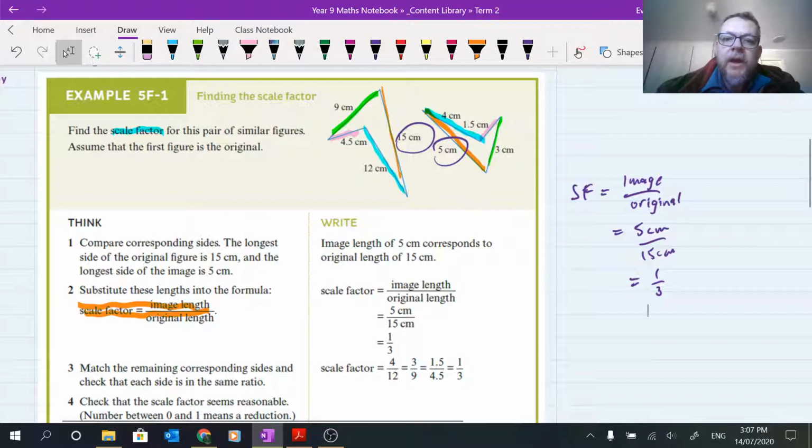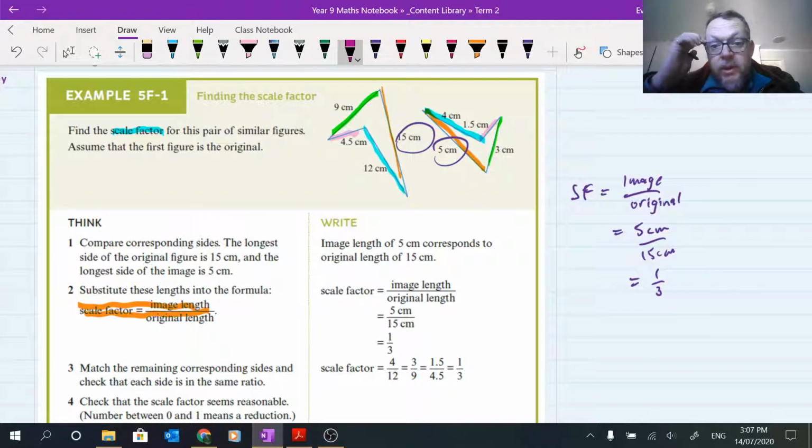Now we can prove that in a variety of other ones, so we can just keep working around these two shapes, for example. So let's find some other corresponding sides. Let's look at this one and this one, and that's just going to be 4 over 12, and 4 goes into 12 3 times, so that's going to be a third. And let's find another one.